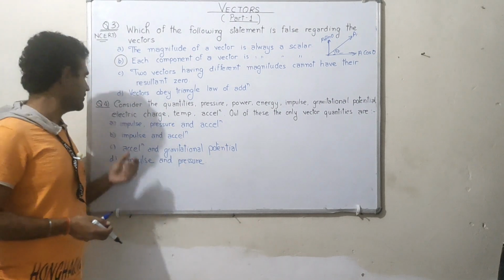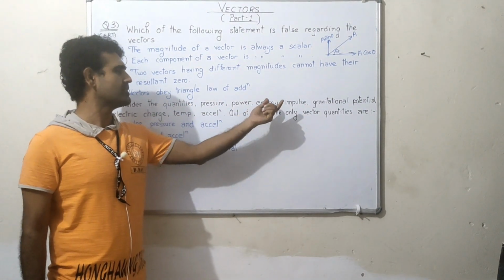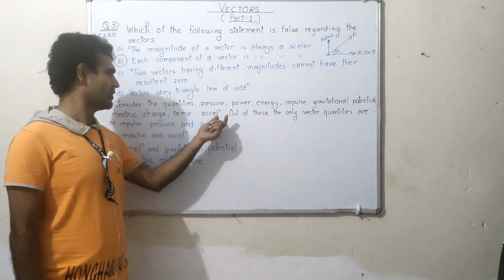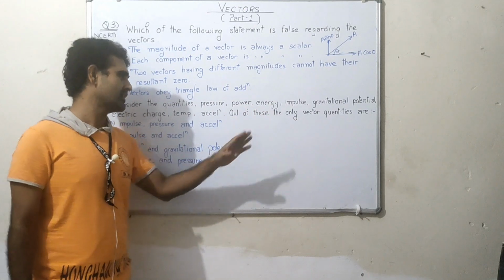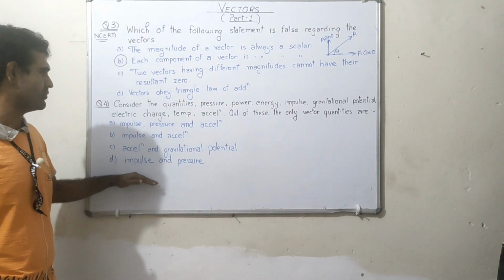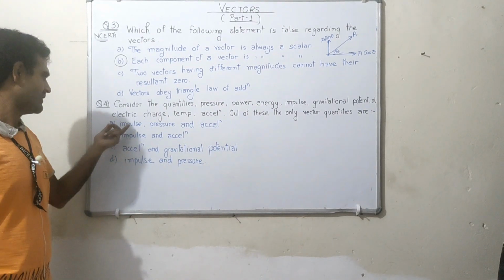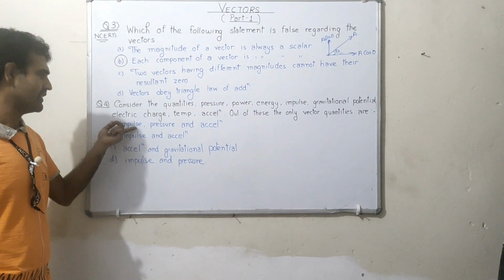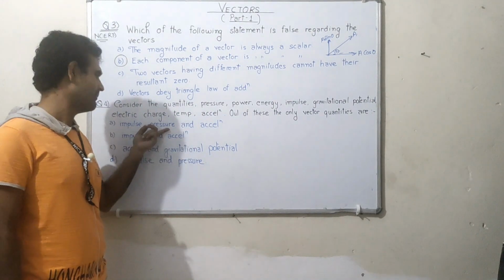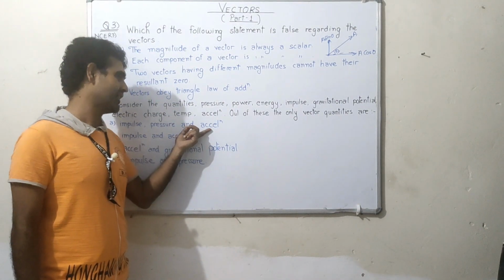Let's see the next question. Question number 4. Consider the quantities pressure, power, energy, impulse, gravitational potential, electric charge, temperature, acceleration. Out of these, the only vector quantities are, means in these options we have to find the option which contains all vector quantities. So let's see impulse. As we have already seen, this is a vector quantity. Pressure is a scalar quantity, and acceleration is a vector quantity.